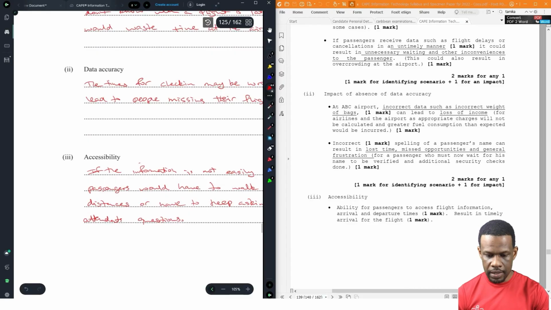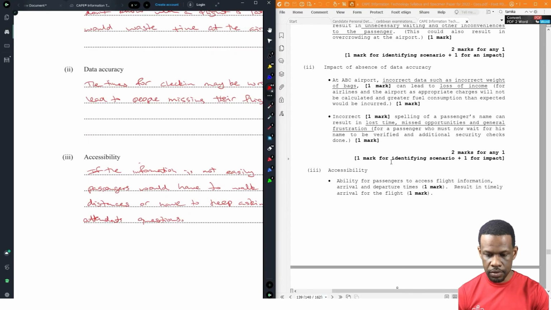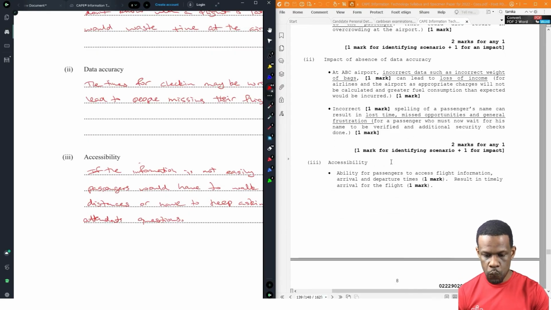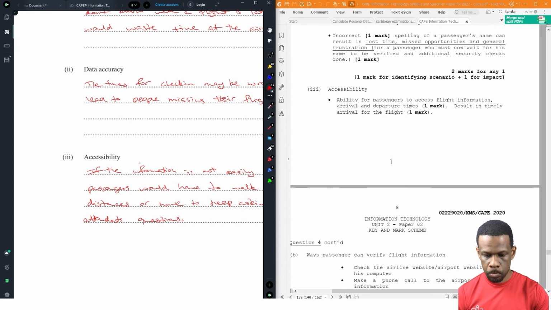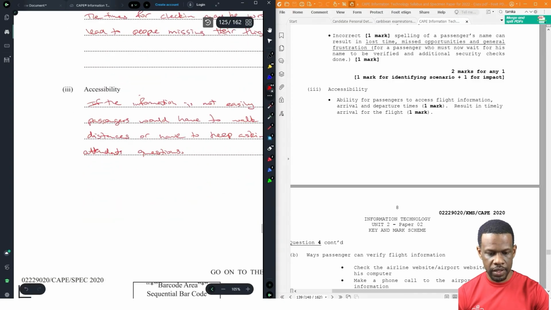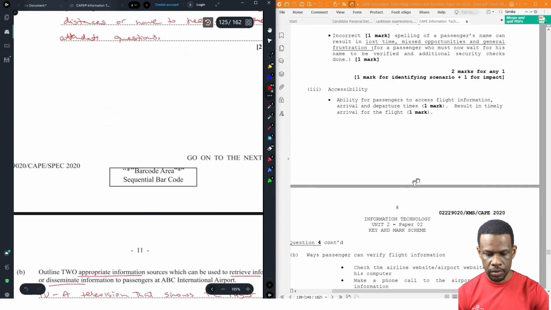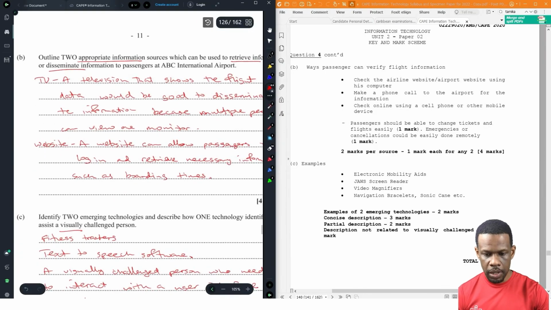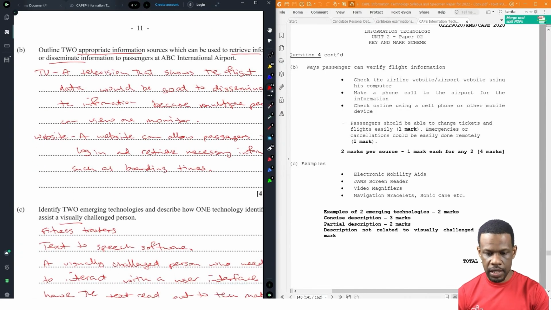Alright, cool. Accessibility: passengers wouldn't access the flight information and departure times, resulting in not arriving on time for the flight. Okay, they have to go long distances here. Cool, we're taking that.